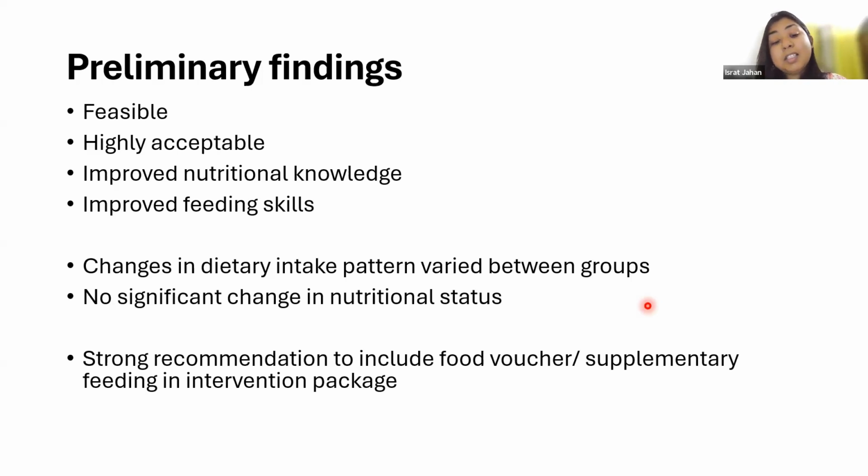A large number of these children were only fed milk or rice, milk or banana or something. So it's very difficult for them, and there was constant feedback to include food vouchers or supplementary feeding in the intervention package, in addition to all those education and demonstration sessions. They said it would be helpful if they could access food for their children.